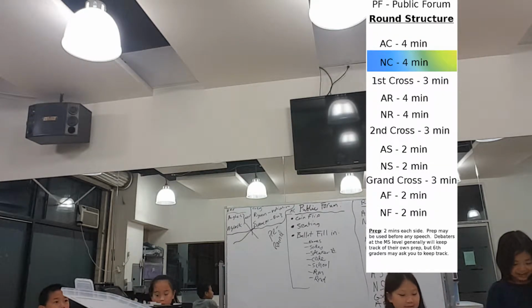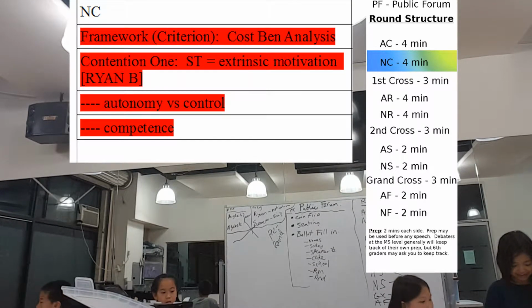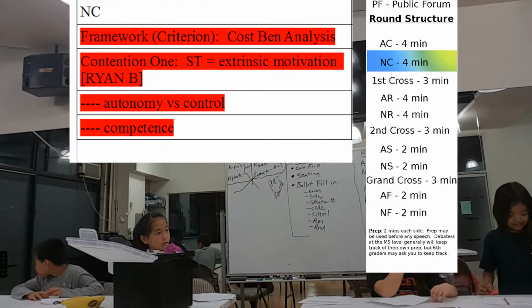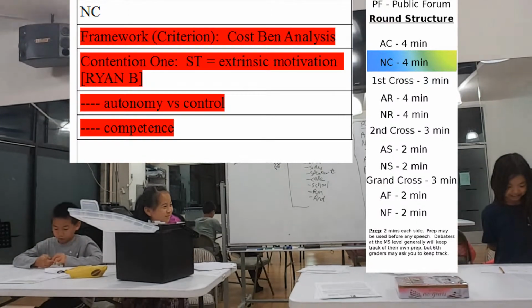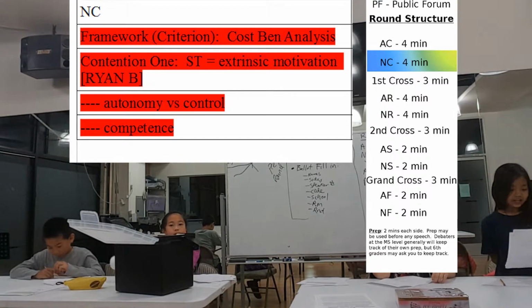Hi, my name is Henrina, and this is my partner, Allison. Our framework is cost-benefit analysis. We negate the resolution that standardized testing benefits K to 12 education.